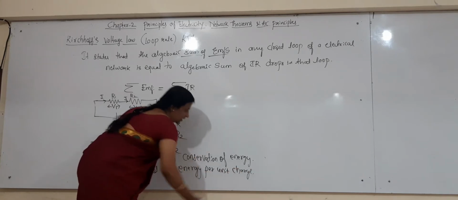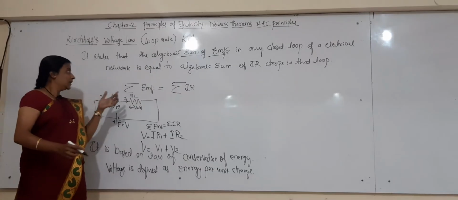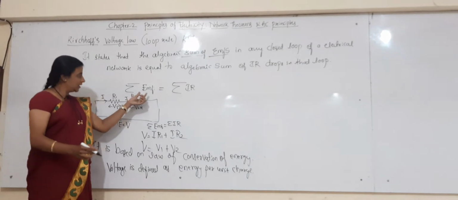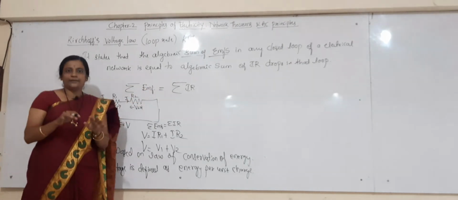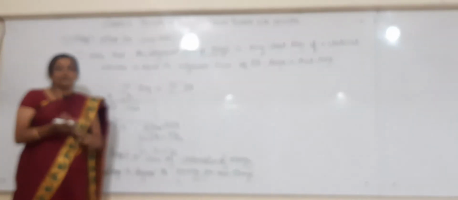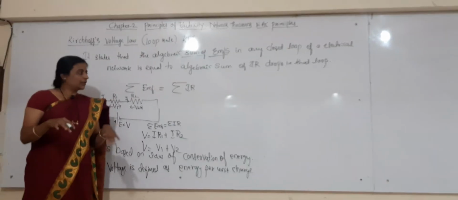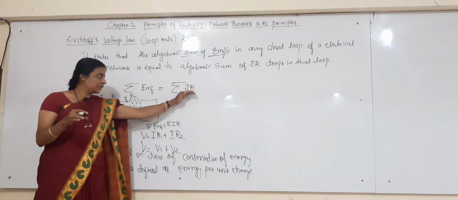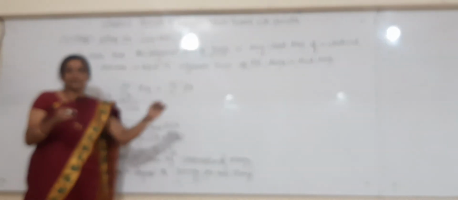So according to this statement, the total amount of energy gained in the circuit per unit charge, here EMF is nothing but gaining the energy, is equal to the total amount of energy lost per unit charge.